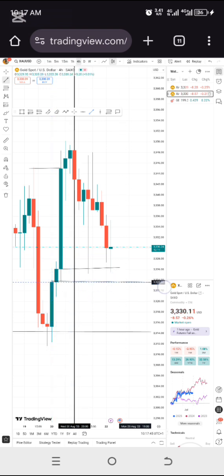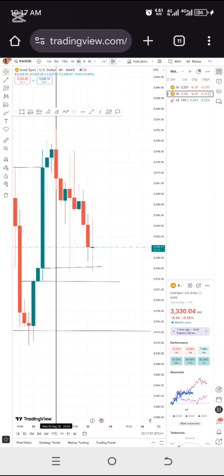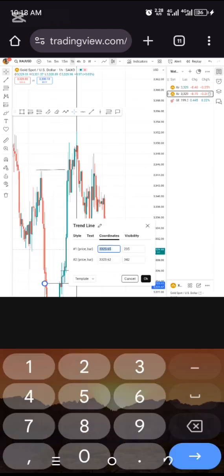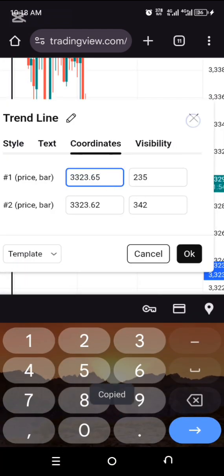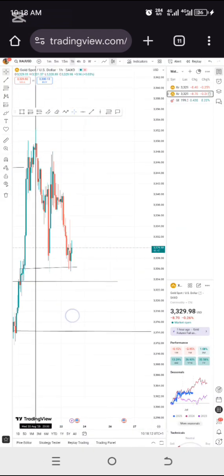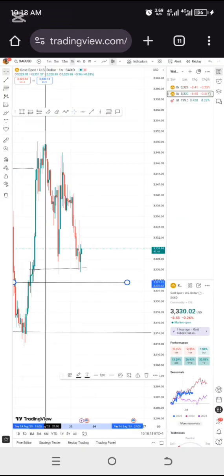This OCL is the nearest. This particular OCL, the nearest POI that price should take out. And let's see if it corresponds with the one. Yes, it does. So it corresponds with a lot of things.